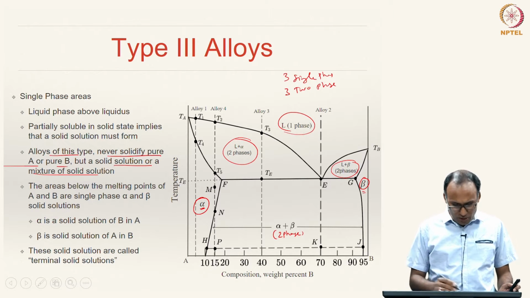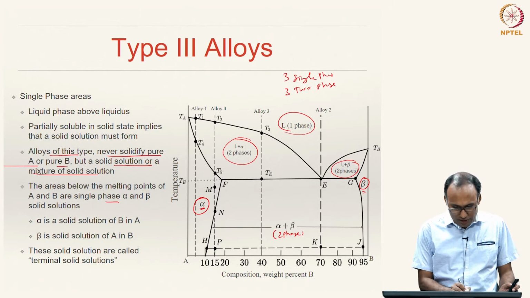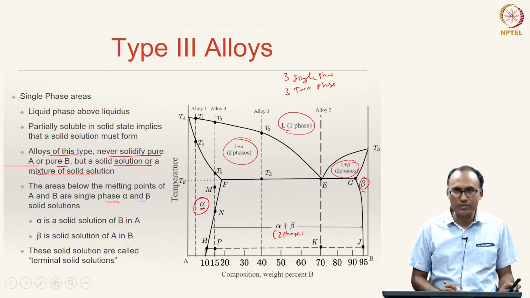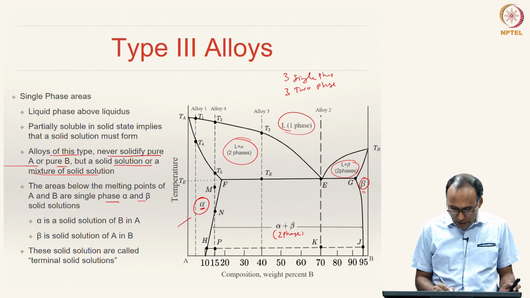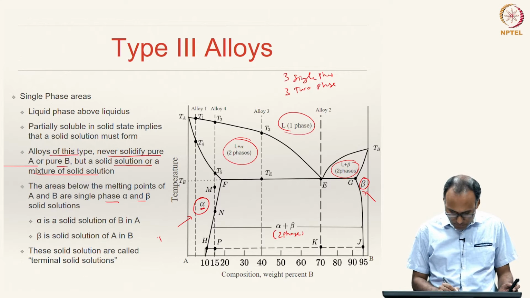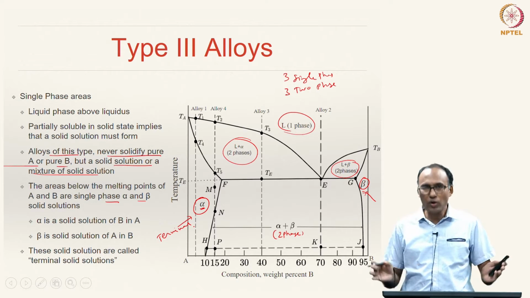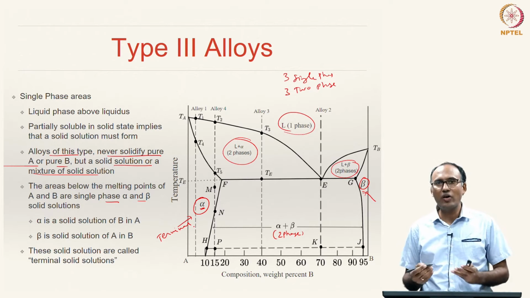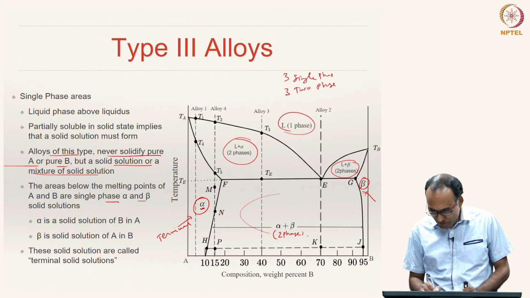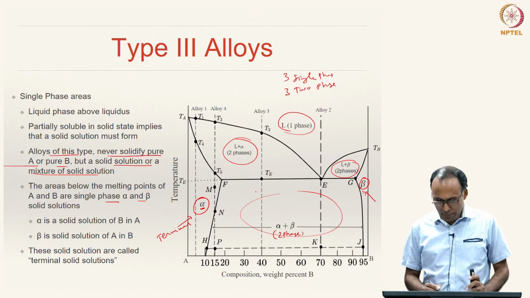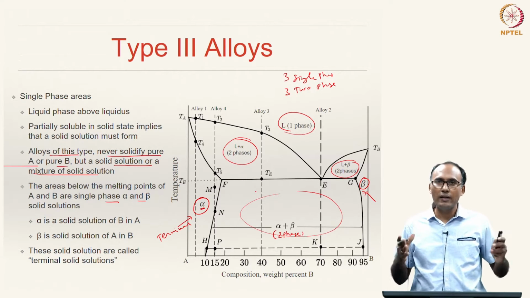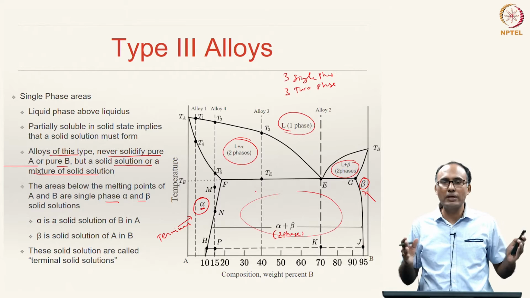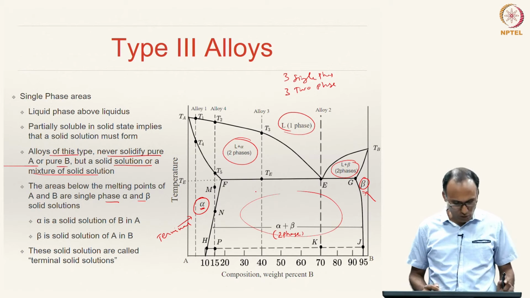So, the areas below the melting points of A and B are single phase alpha and single phase beta. Usually they are called terminal solid solutions, because they are towards the end. In between also, sometimes you may have phase diagrams with new phases at other compositions, but the phases that form towards the end, very close to the pure solids, are called terminal solid solutions.